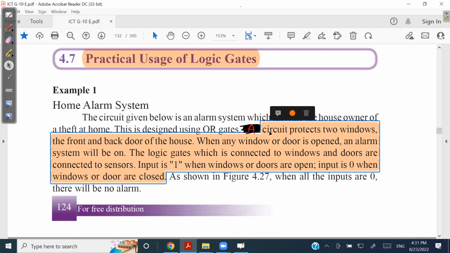Rizwan, I'm getting an echo. Sir, I posted it in the group chat. Thank you very much, Rizwan. Ah, okay, that's better, much better.